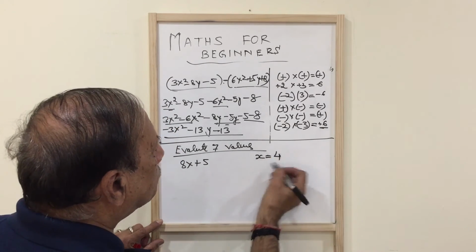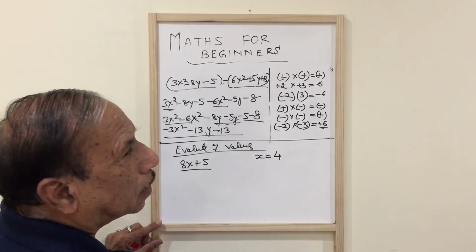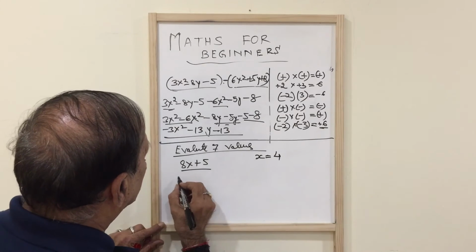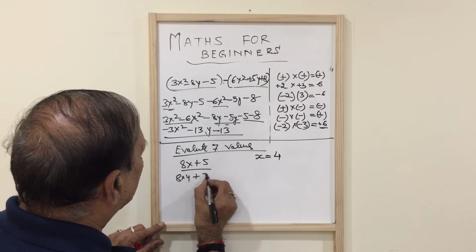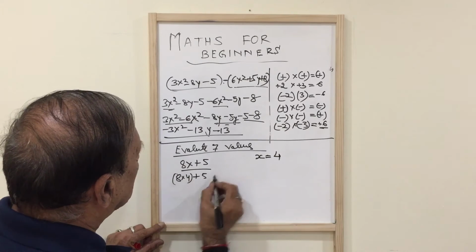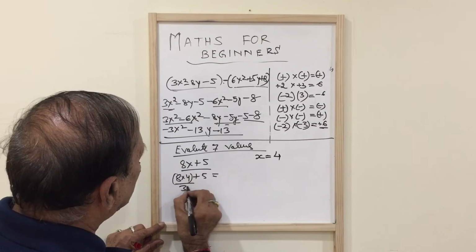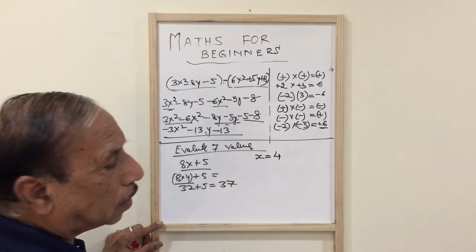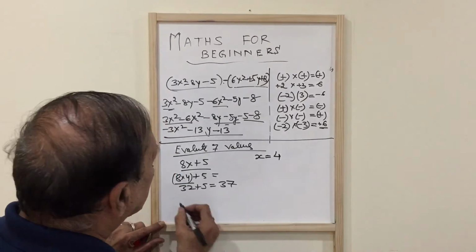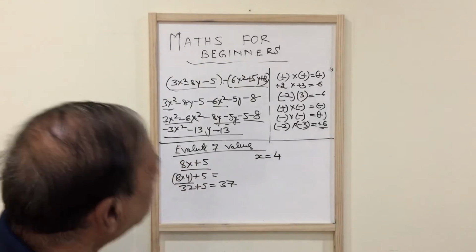So you have to substitute the value of x in this equation. So when you substitute, 8 multiplied by 4 plus 5, so it will become 32 plus 5. It's a 37.